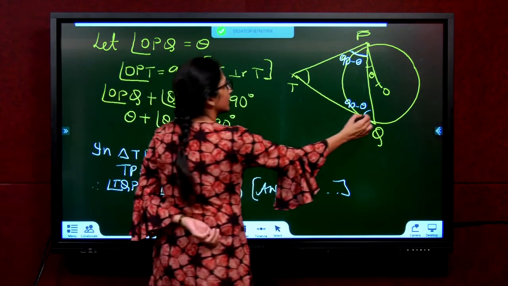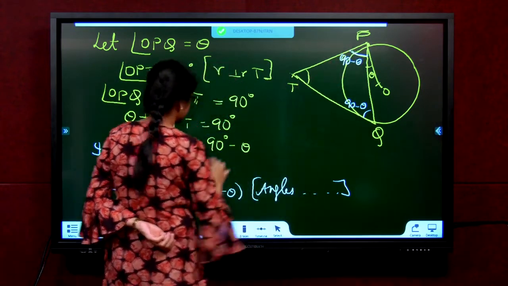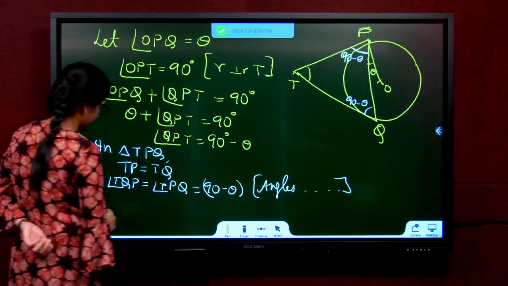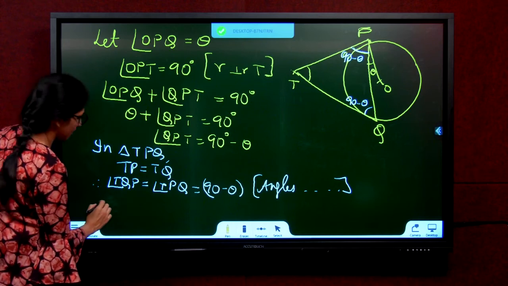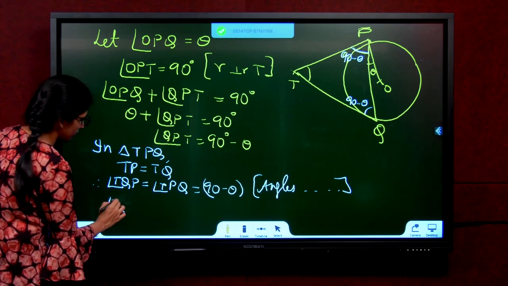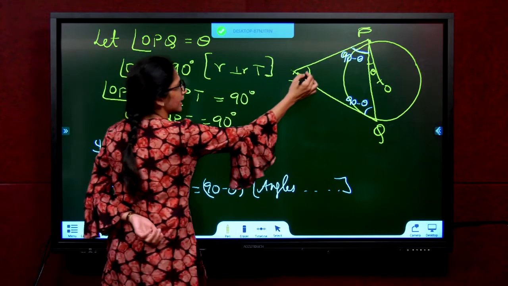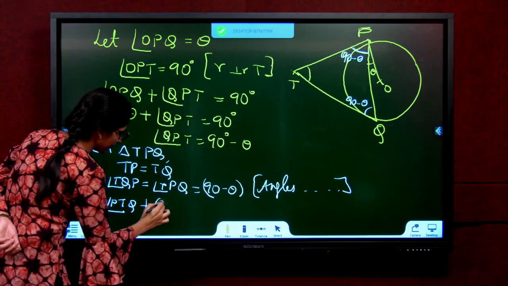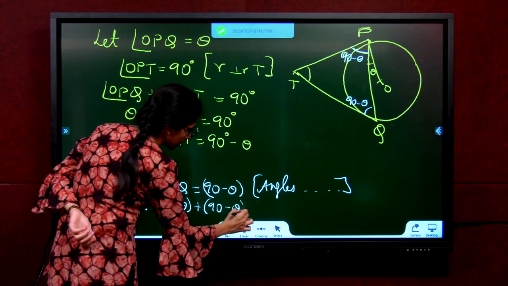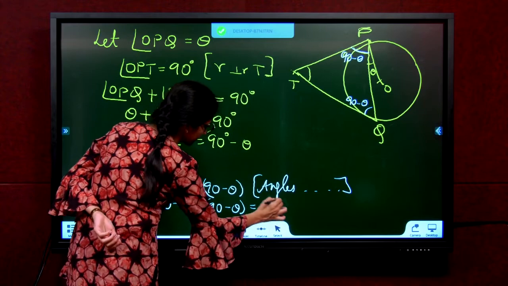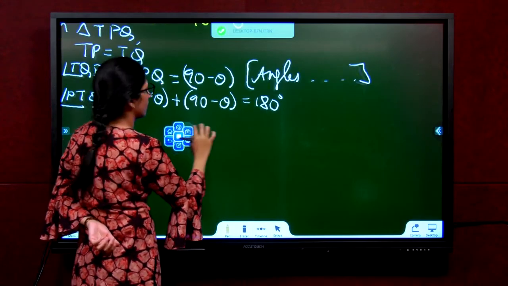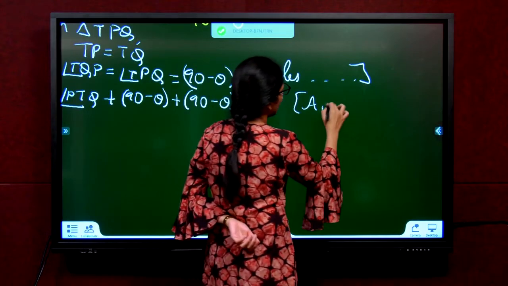Now in this triangle, can I apply the angle sum property? First let's apply it. Angle PTQ, this angle, plus 90 minus theta plus 90 minus theta is equal to 180 degrees. Why? Angle sum property of triangles.